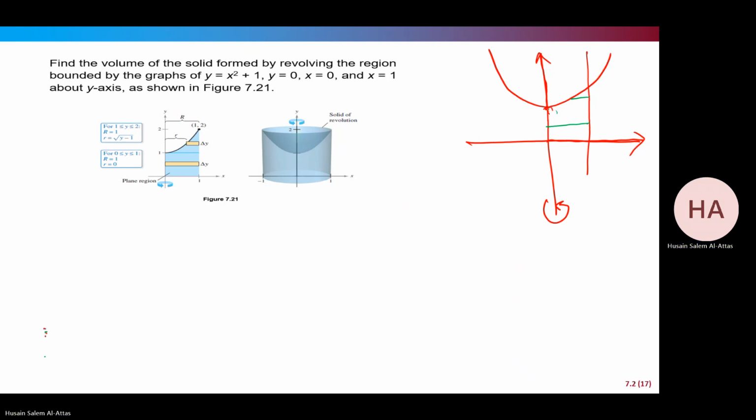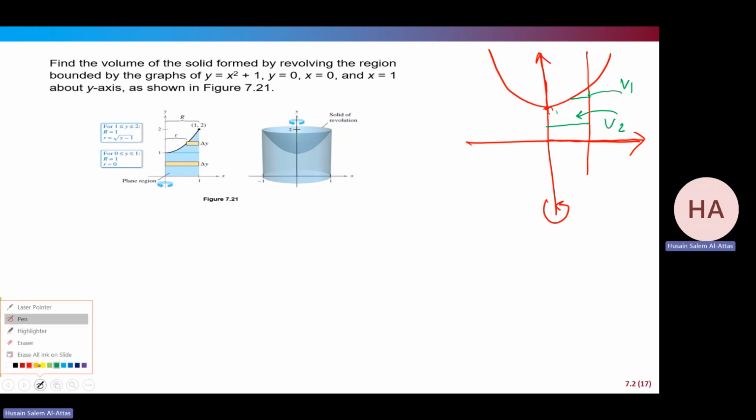Volume will come from this region, and volume will come from this region. Be careful about that. So let me call this V1, and this V2. Okay, V1, I have what? Well, this is a little bit complicated example. Let me use a different color. So this is a region, and this is another region. Okay, I hope it's clear.